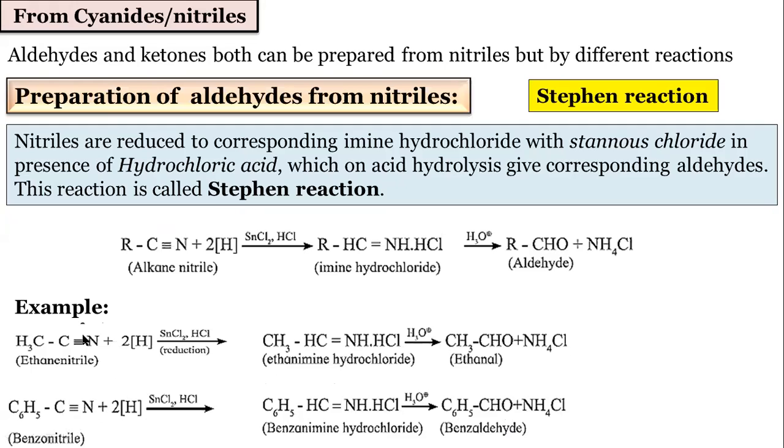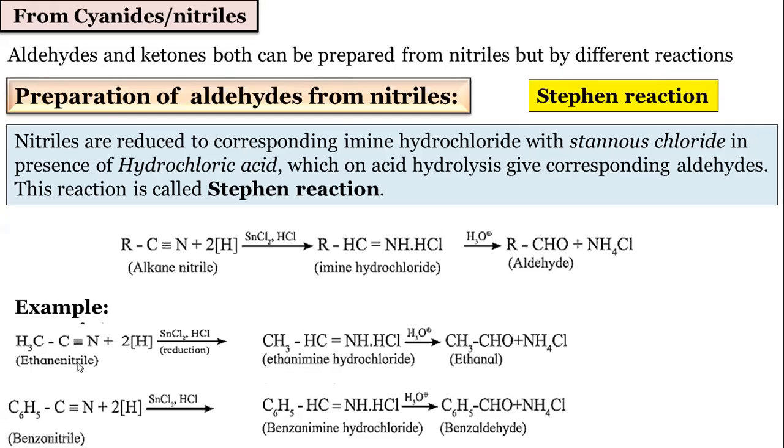So depending upon the nitrile, if benzonitrile is used, we get benzaldehyde. If ethane nitrile is used, we get ethanal. If you use another nitrile instead of these two nitriles, we will get other aldehydes. So you can prepare any aldehyde by using these nitriles. And you know how the nitriles are prepared. For nitrile preparation, we have to use alkyl halides.